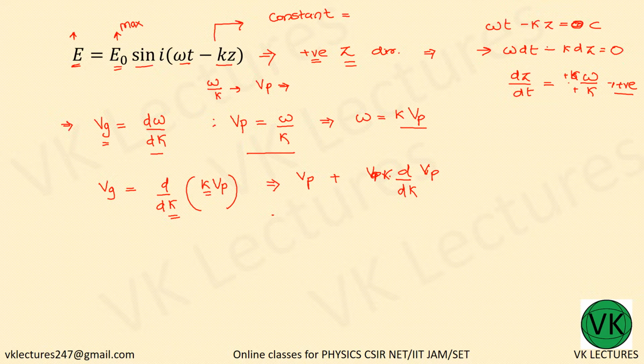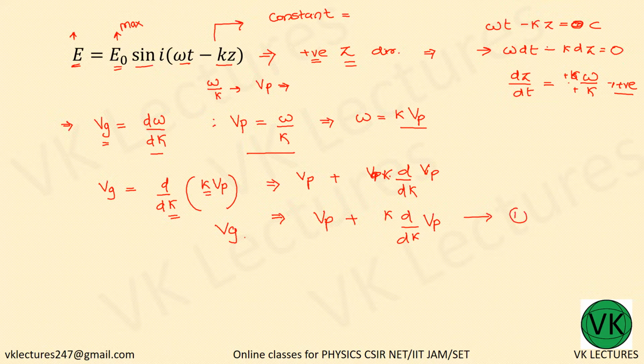Let me write it once again. It is equal to Vp plus k d by dk of Vp. So that is equal to what? Vg. Now this is another formula for finding Vg.